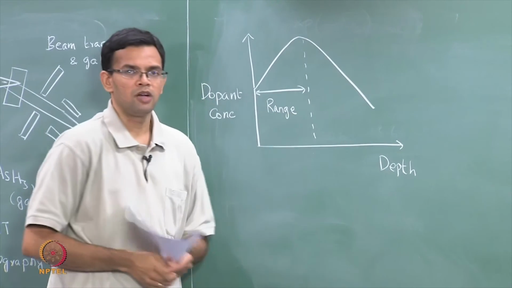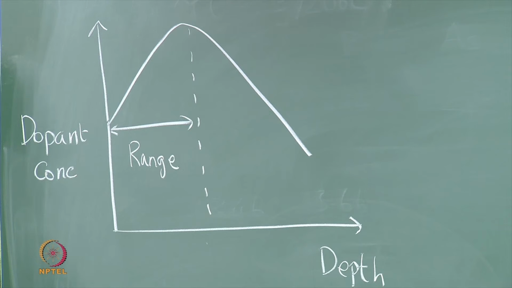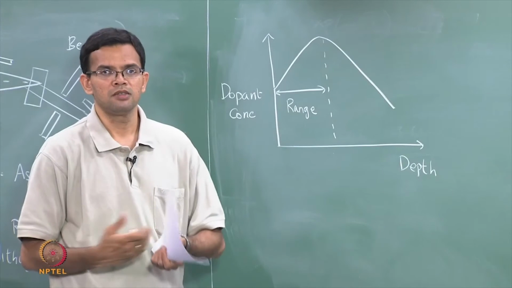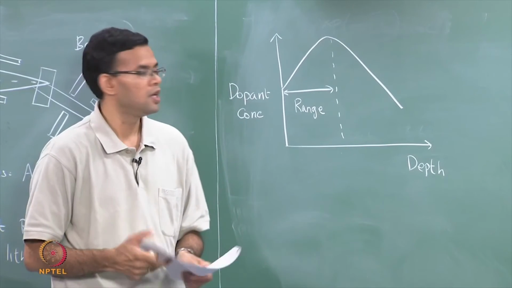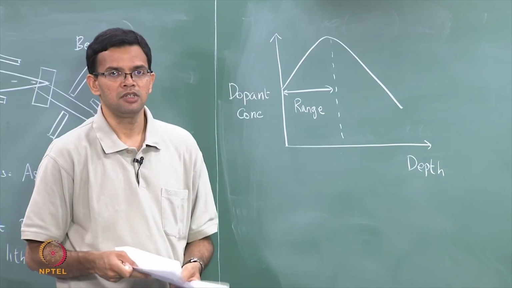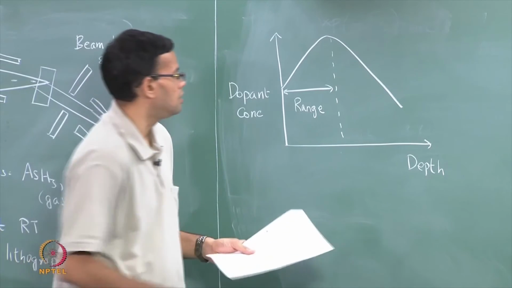In the case of thermal diffusion, the maximum concentration is usually at the surface and then it drops as you go within the material. Here the maximum concentration is somewhere within the material.